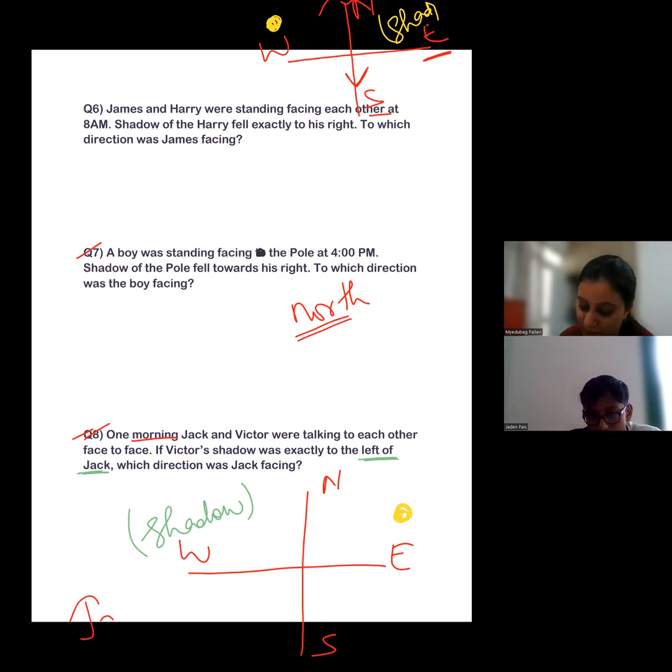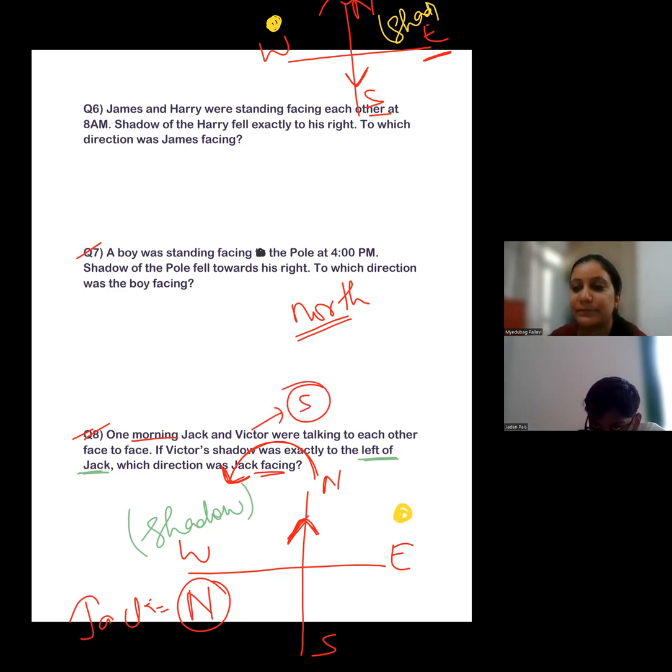Yes, correct. Jack will be facing north. And why so? Because if he's facing north, only then will the shadow be towards his left, right? This is only asked about Jack. So Jack is facing north and Victor will be facing south. South. Got it? Yes, ma'am.